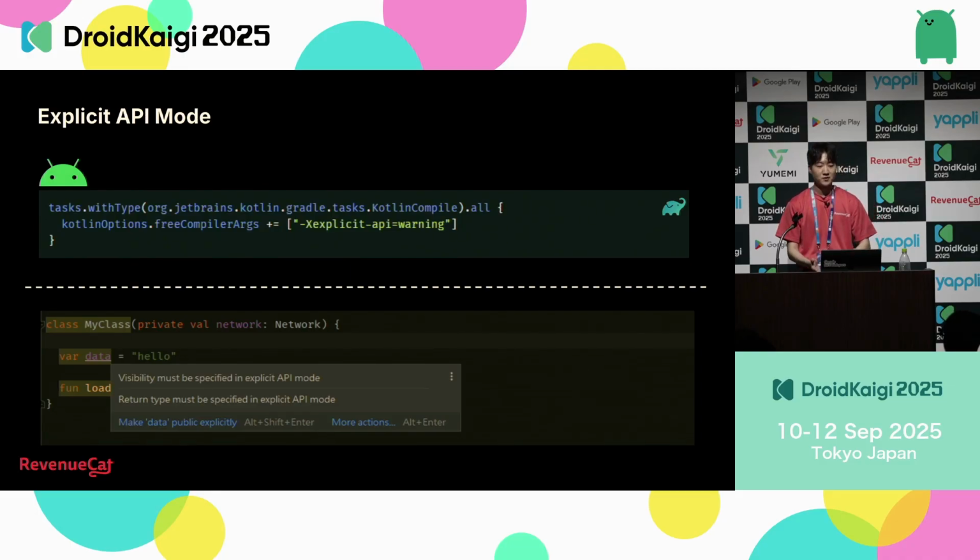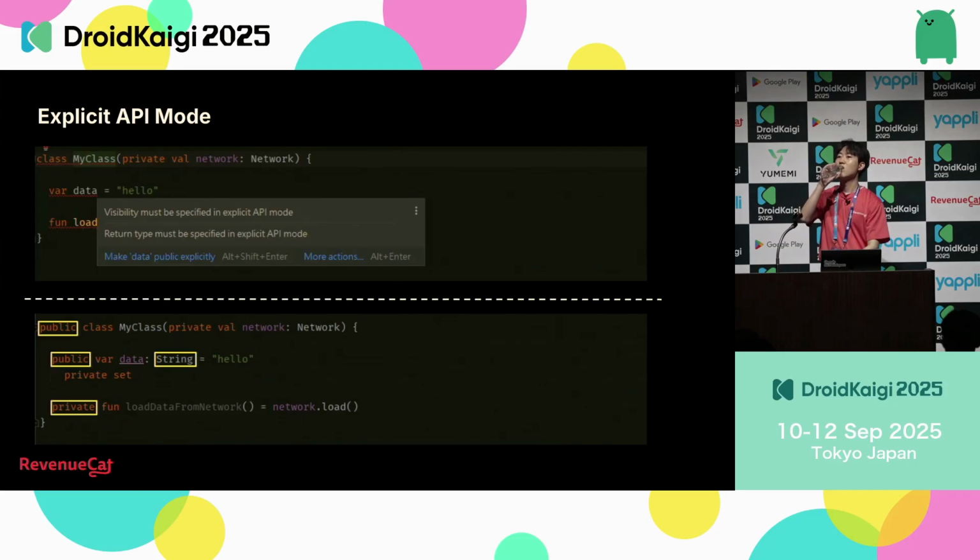And you can gradually add visibility modifiers module by module and potentially the entire project. Once you've added them properly, now you can build your project without any message.